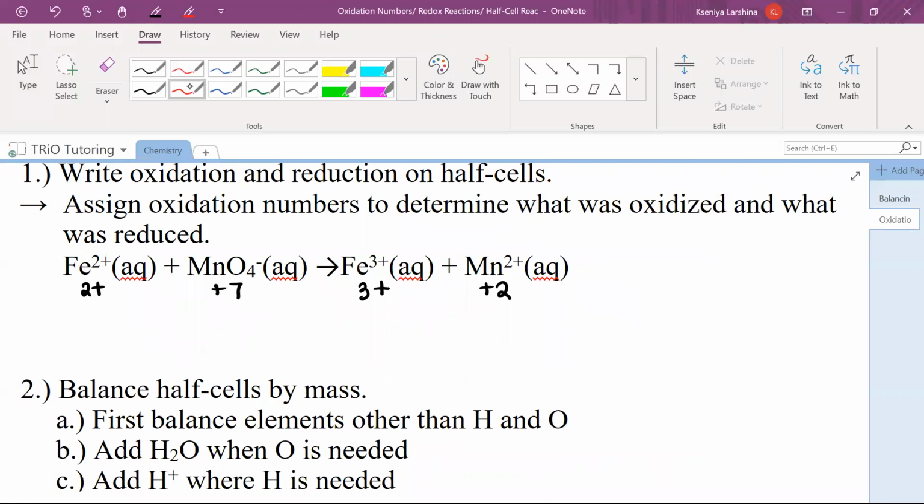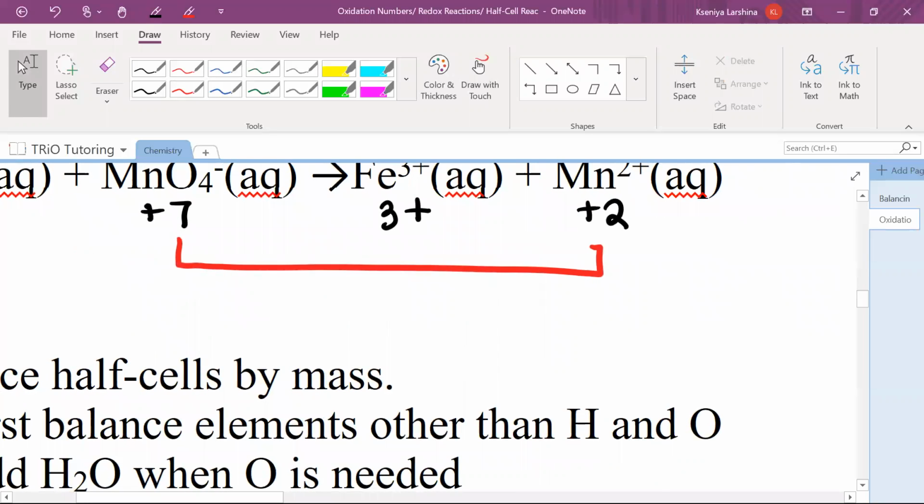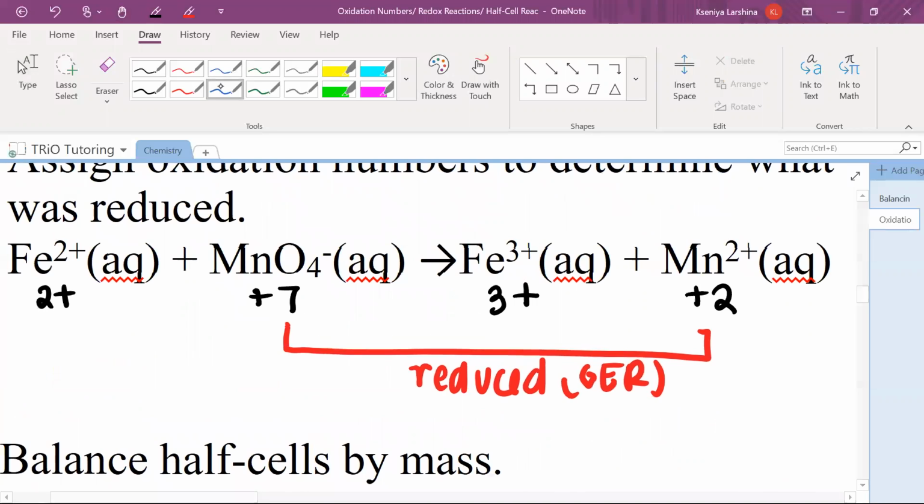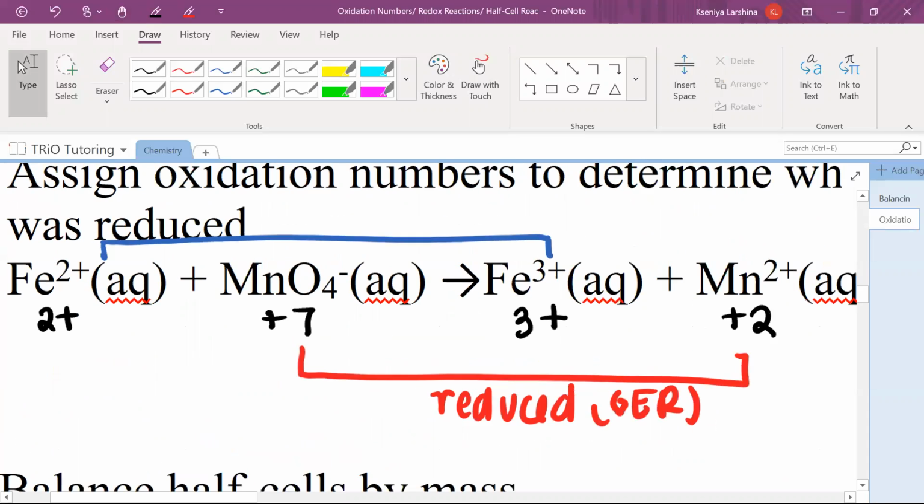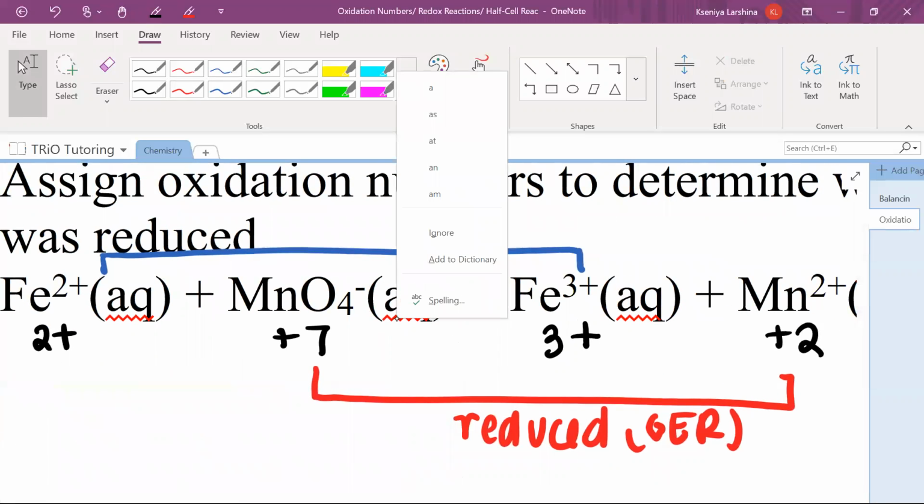So this is reduced because it gained electrons. And this is oxidized because it lost electrons.